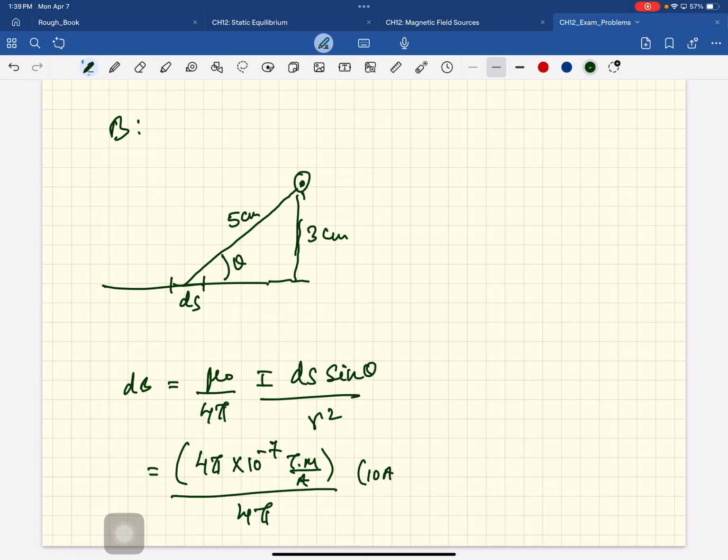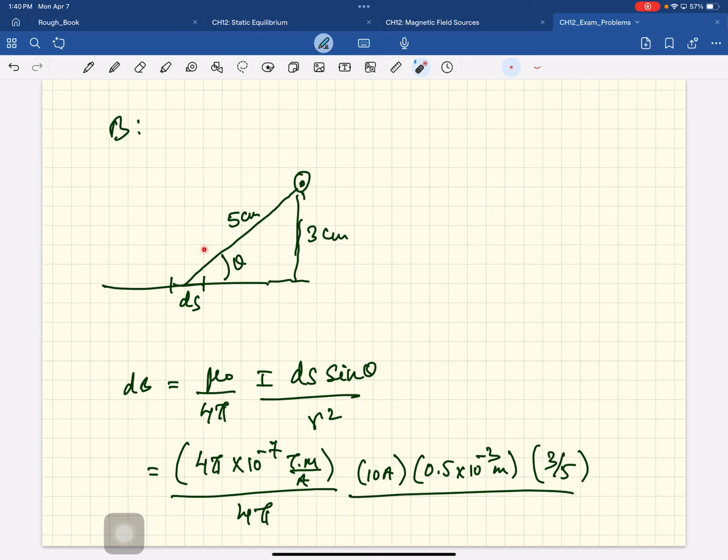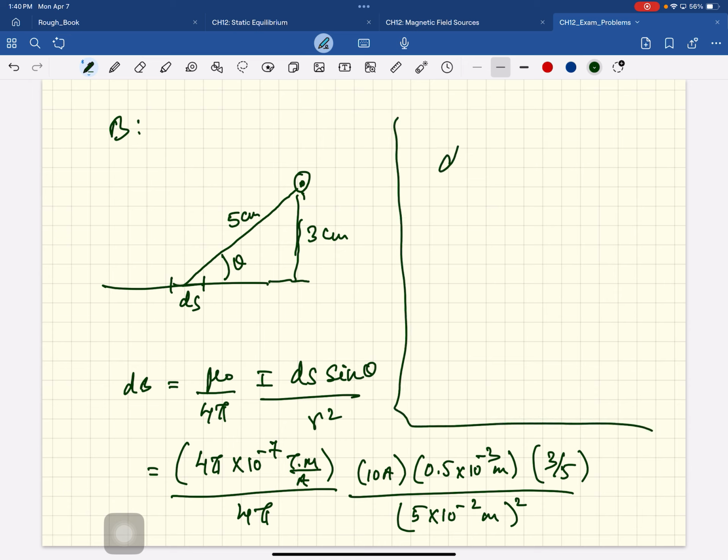I is 10 amps and ds is 0.5 millimeters. Sine theta is 3/5, and that distance is 5 centimeters, squared. All right, so as we had guessed, it should be smaller.